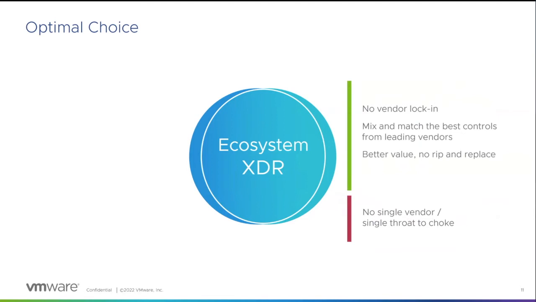There are still downsides. You would still be dealing with multiple vendors, and again, you don't have that single hand to shake or the single throat to choke. But we think that the value that's delivered would mitigate these downsides.